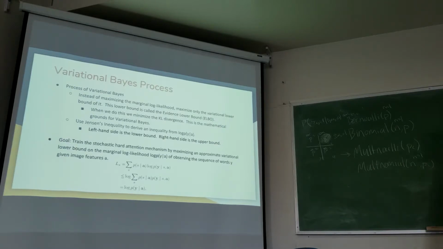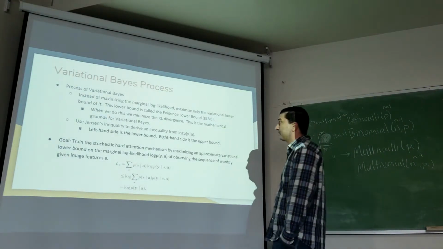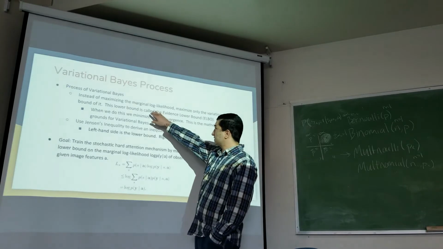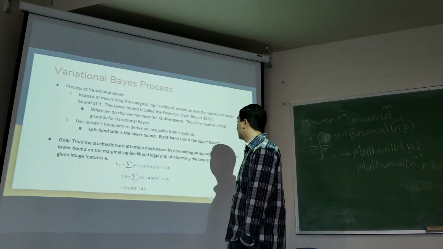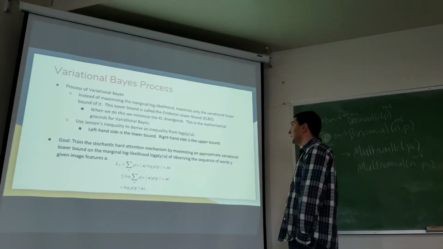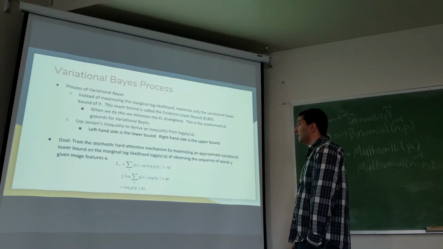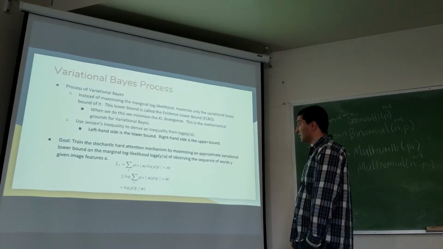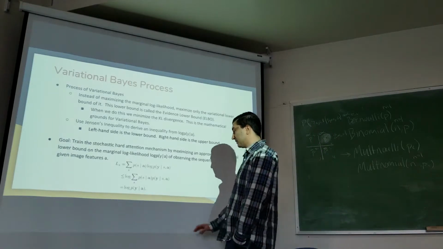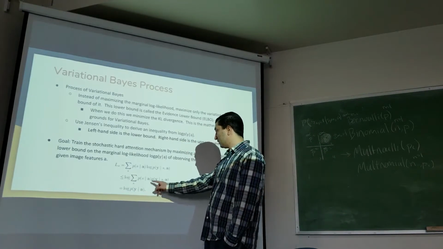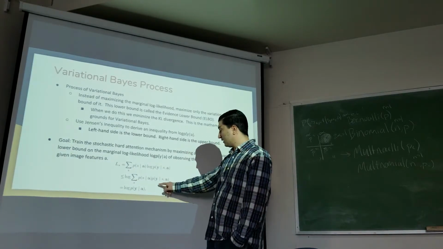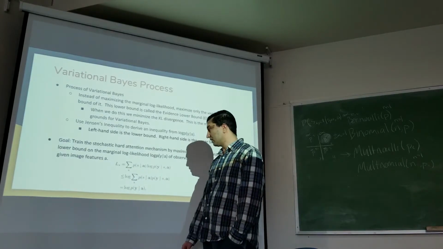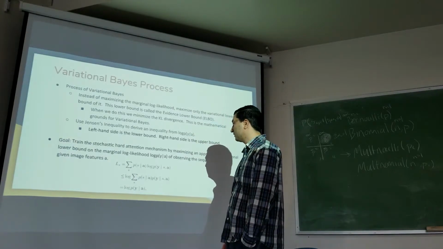So here's the process in variational Bayes. Instead of maximizing the marginal log likelihood, we're going to maximize a variational lower bound of it. And this lower bound is called the evidence lower bound, mostly because this is the evidence, and then we have the lower bound of that evidence. We could find an inequality from our marginal log likelihood from Jensen's inequality directly.